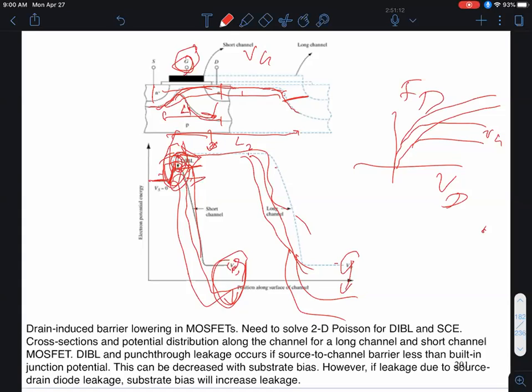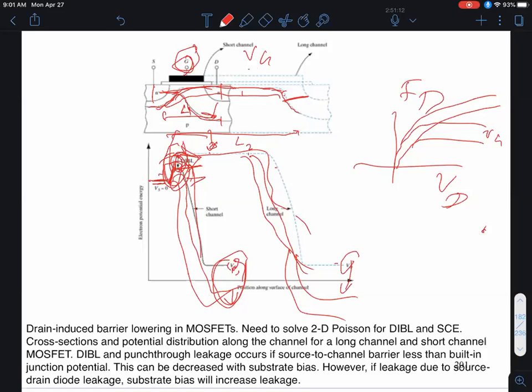And what we discussed was, if you initially consider a long channel device shown by this dotted line, the corresponding channel potential along the channel from the source to the drain end is shown by this dotted blue line. And you get a potential barrier between the source and the channel, which basically corresponds to the PN junction potential barrier over here. And that is what prevents the transistor from conducting, except for low PN junction leakage currents.